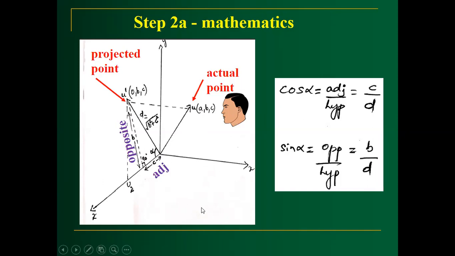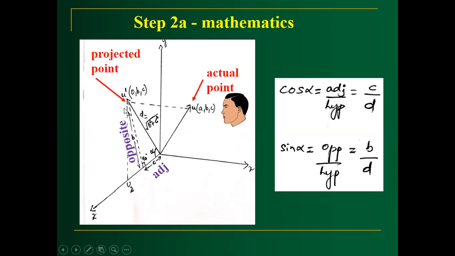Let us say the user is viewing this U such that his view is parallel to the x-axis. Whenever you rotate it, the x-axis remains unaffected. The other axes change, so BC now comes here.